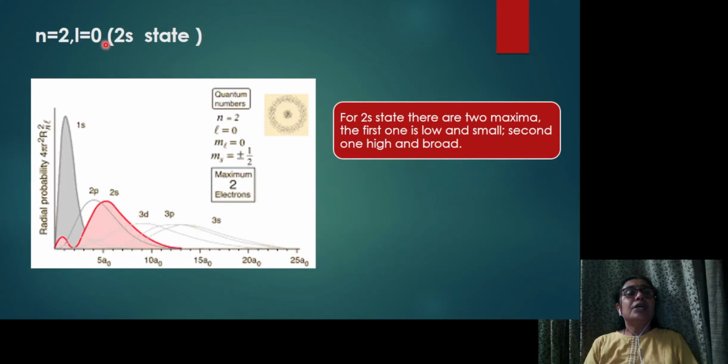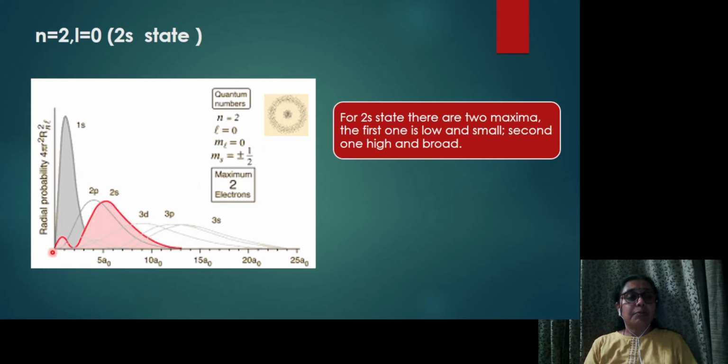If we consider the 2s state, which has n equal to 2 and l equal to 0 again, then we observe that there are two maxima. We can see here there are two maxima, one is smaller and the other one is a bigger peak. The first one is low and small, the second one is high and broad.